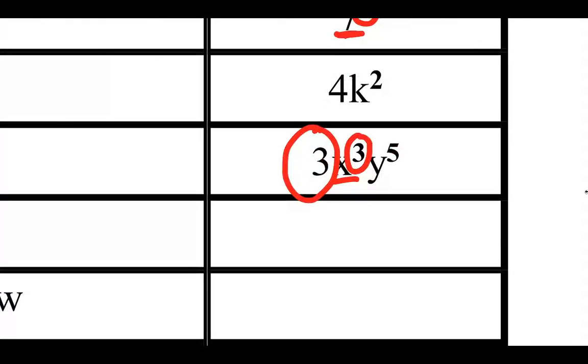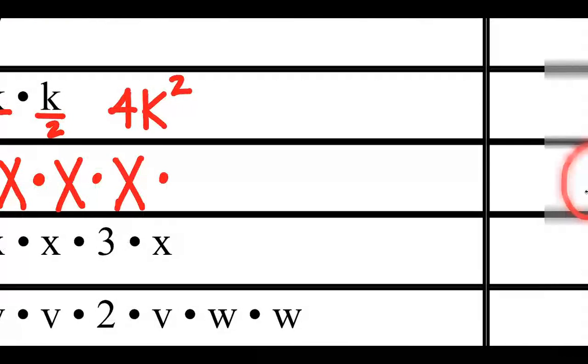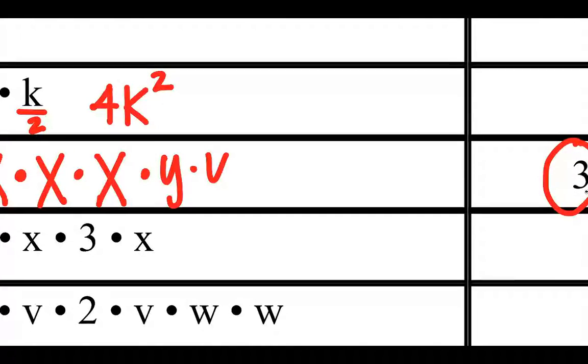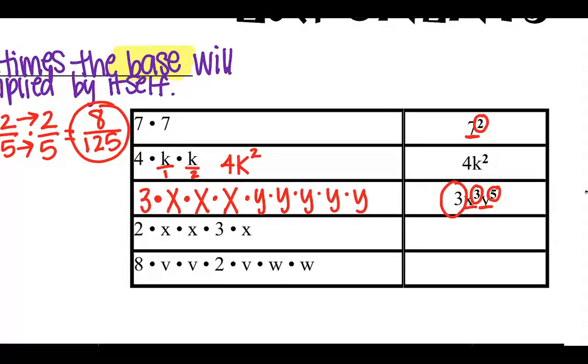Then I am also multiplying times y. And y is 5 times. So then I've got to multiply 1, 2, 3, 4, 5 y's. So that's written in that expanded form, and this right side is written in the exponent form. Okay?